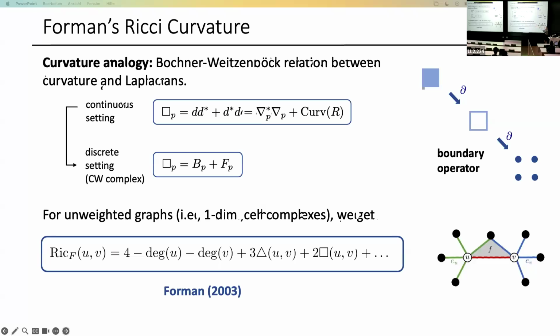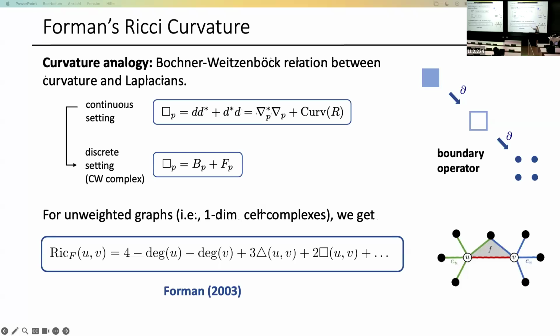So you have Laplacians showing up. Laplacians in the discrete setting are, of course, very well studied, right? In the graph case, the graph Laplacian, we know that very well, and its properties have been very well studied. And then Fuhrmann set out to define a notion of Ricci curvature that is consistent with that Laplacian and that preserves this fundamental relationship that we have in the continuous setting.